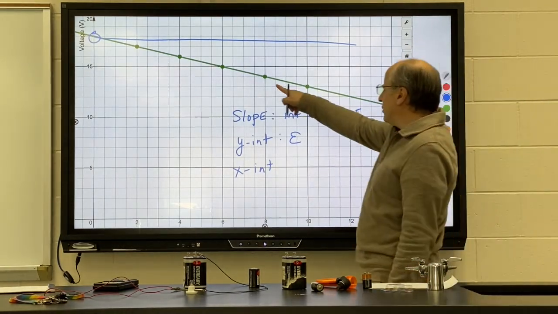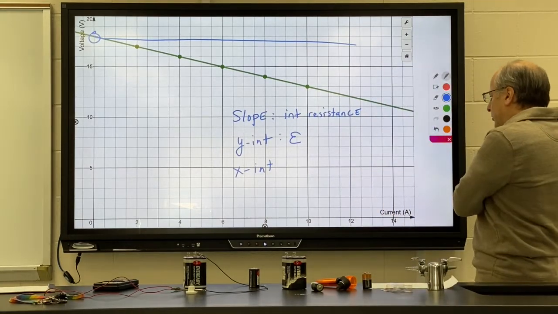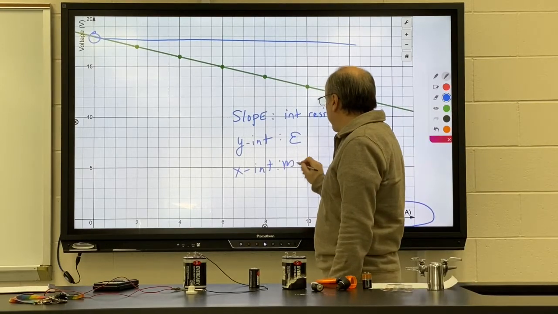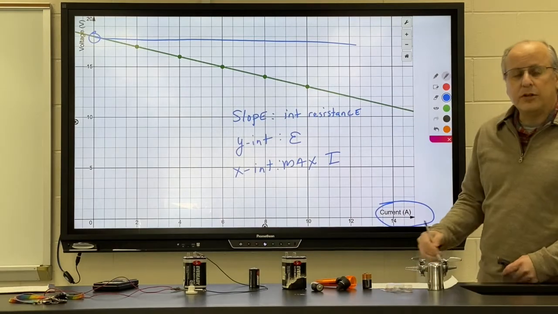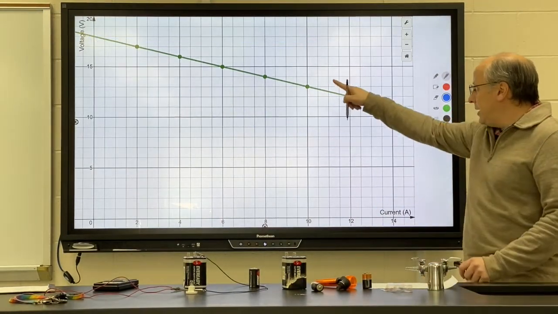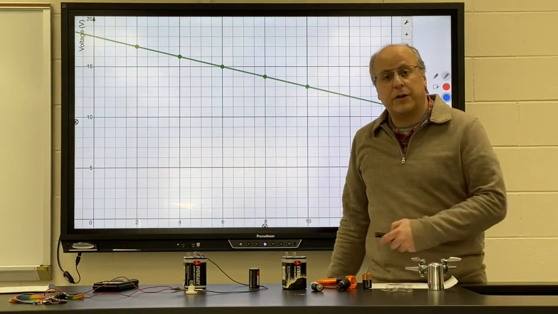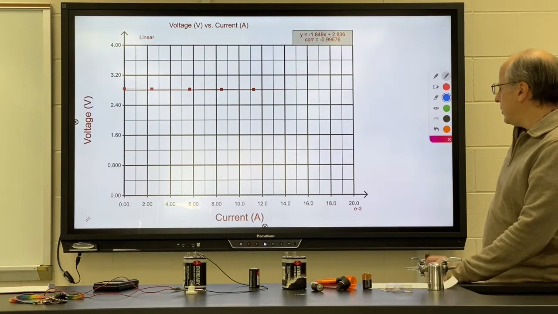Finally, the x-intercept, and we don't even have an x-intercept yet, we have to go out much farther. That will give us the maximum current that we can get from our battery. So 3 important things, all related to the line that we get when we plot voltage versus current. So here's a battery that looks like it's great.